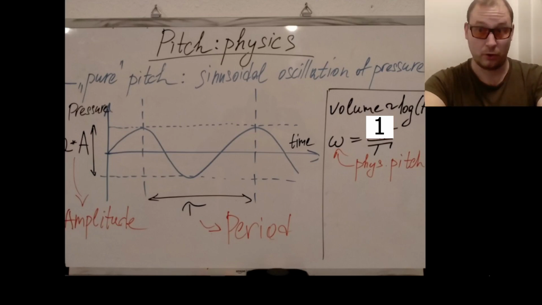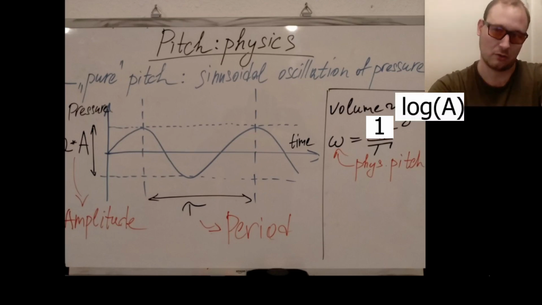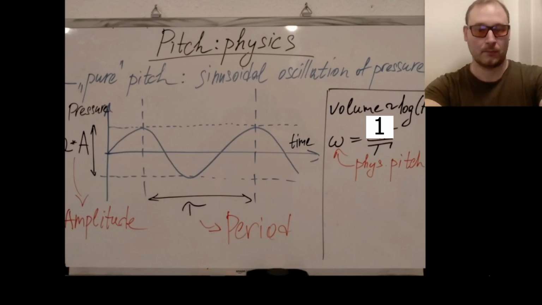And the volume, which is a human perceived quantity, is actually proportional to the logarithm of this amplitude. Later on we will see a similar thing with pitches, which reflects a proverb by some ancient scientists who said nature loves logarithm.